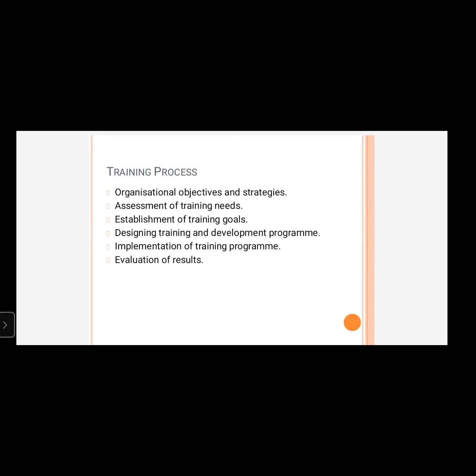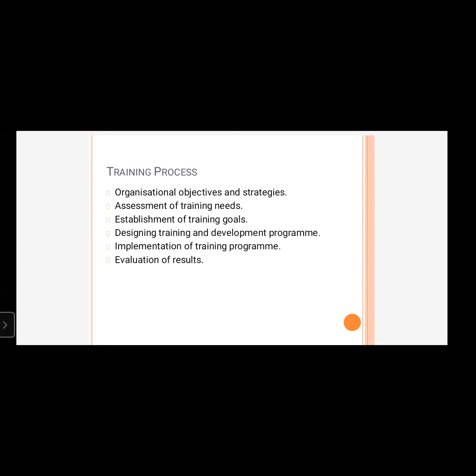Next one, or the last one, is evaluation of results. Now, this is the most important part. In step number 3, we had discussed establishment of training goals. Whether the goals are met by the training program is to be checked when we talk about evaluation of results.